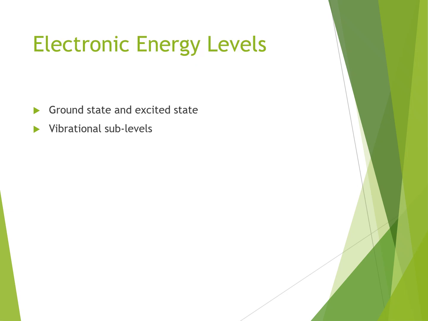Now we will discuss the electronic energy levels. Molecules possess electronic, vibrational and rotational energy levels, and fluorescence mainly involves electronic transitions accompanied by vibrational changes, producing broad spectral bands.